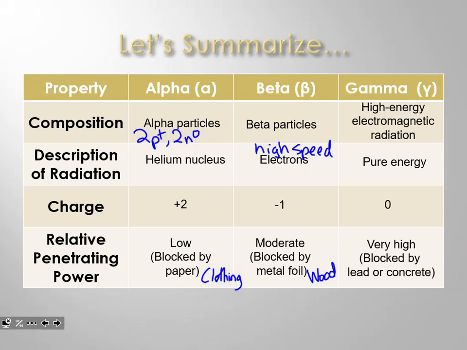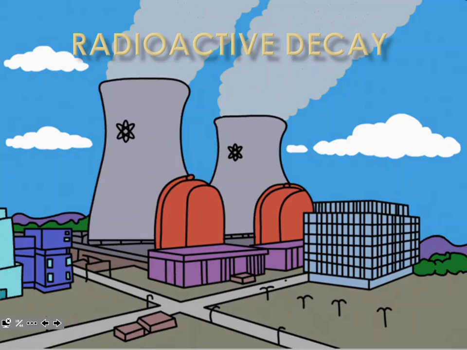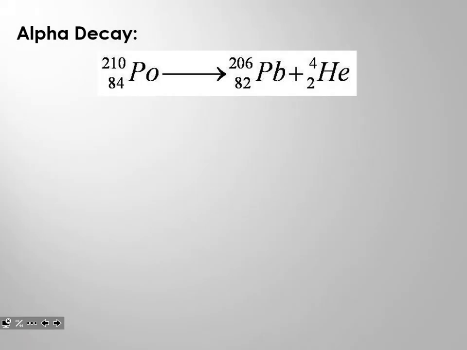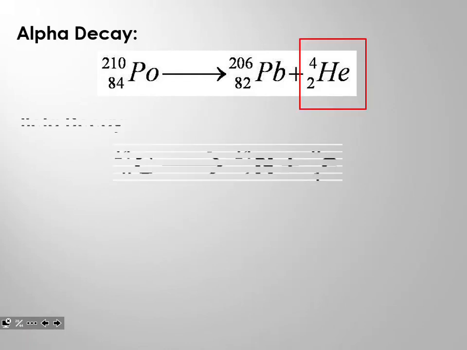Now we're going to be looking at some actual problems. Radioactive decay, like we said before, is represented using the arrow, and you have the parent atom on the left, you have the daughter atom on the right, along with the particle that was emitted.